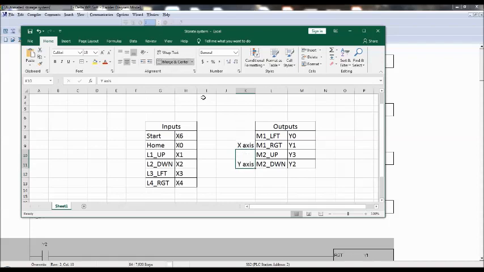So L1 and L2 are used for the y-axis, because up and down, and L3 and L4 limit switches are used to control the movement in the x-axis, because left and right.